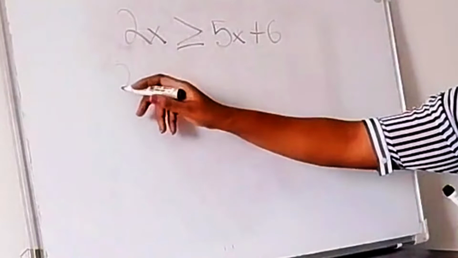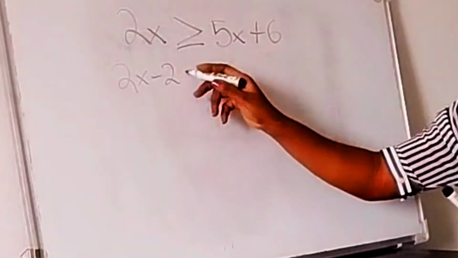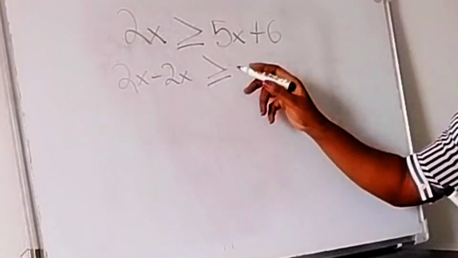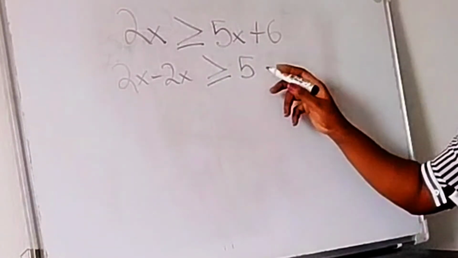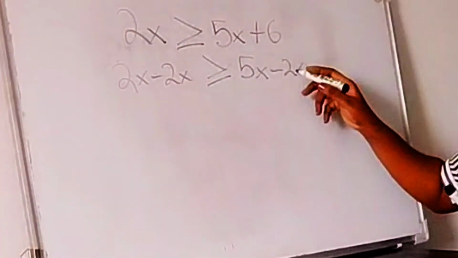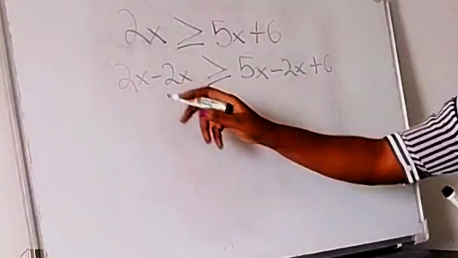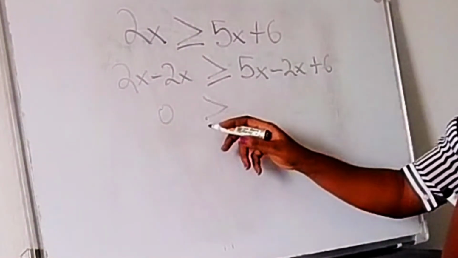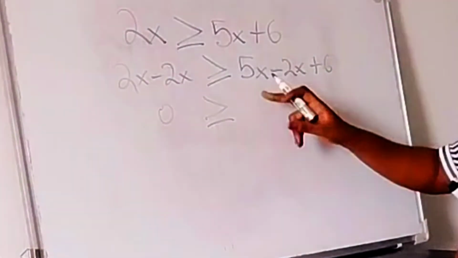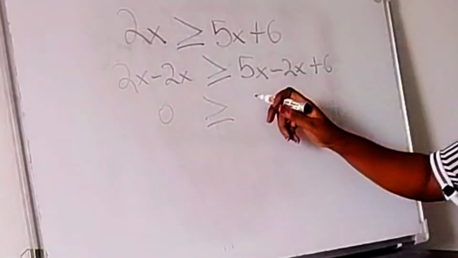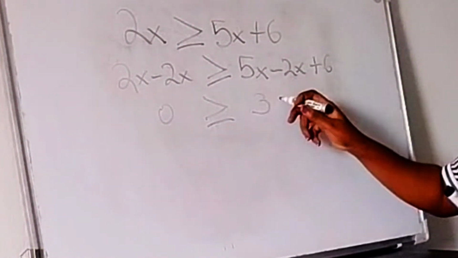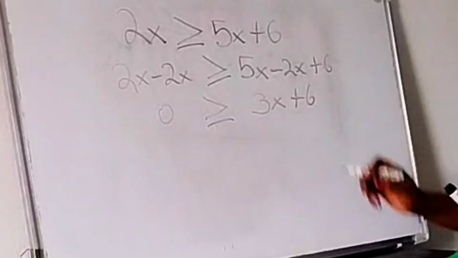So we'll say 2x minus 2x. This sign should just be as it is, right? 5x minus 2x plus 6. So this is 0. So we'll keep the greater than sign. 5x minus 2x is 3x. 3x plus 6, right?